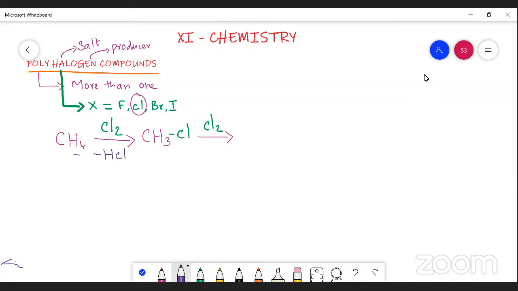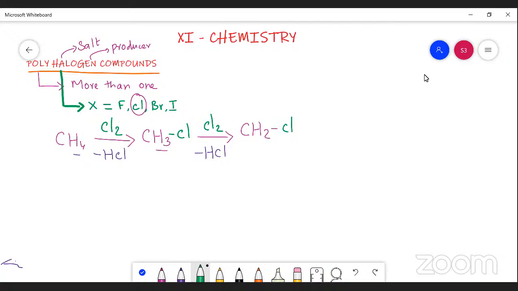Polyhalogen. Okay. Now, on further chlorination, what will happen? Another hydrogen from CH3Cl and the chlorine from Cl2 is removed as HCl. Then what will happen? Again, we are getting CH2Cl2.